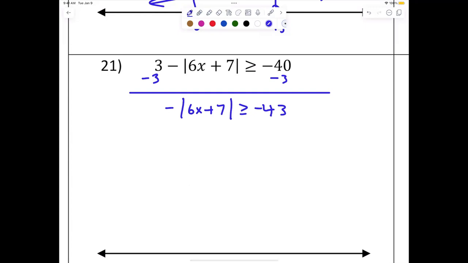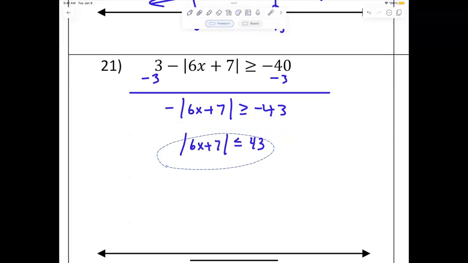Flip it. So we have 6x plus 7 less than or equal to 43. The negative goes outside. I got rid of it by dividing by -1. You with me?